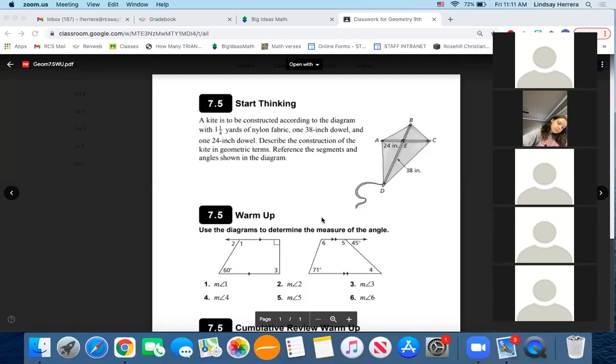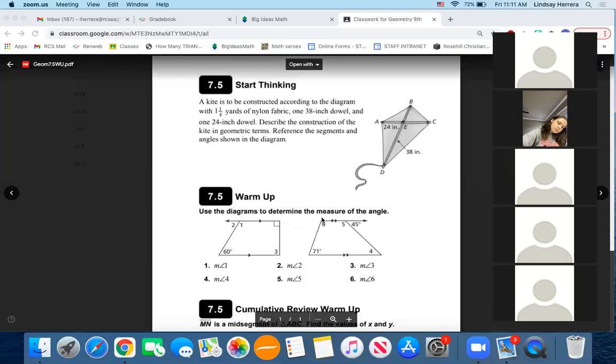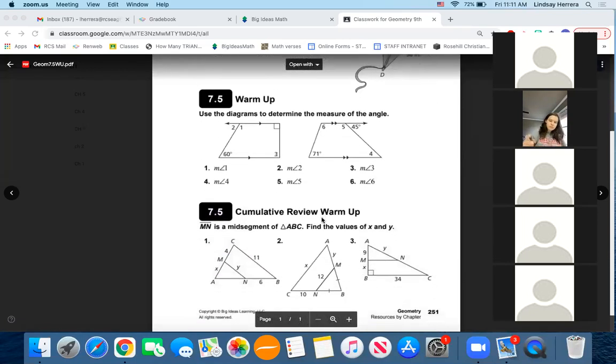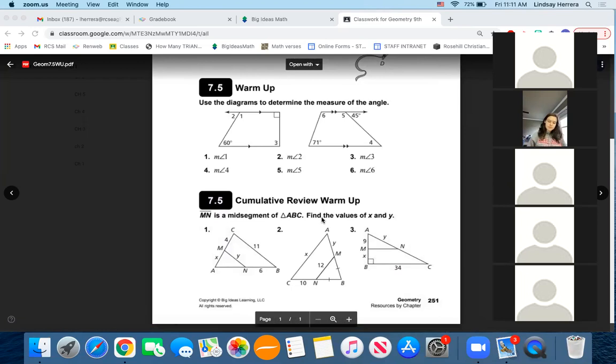All right, so we're not going to do the top one for time's sake. But here we go. Let's start with the warm-up, 7.5. What we have here are trapezoids, right? 2 different shapes of trapezoids.